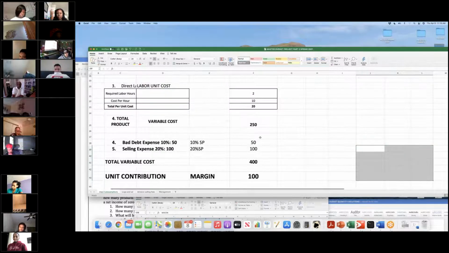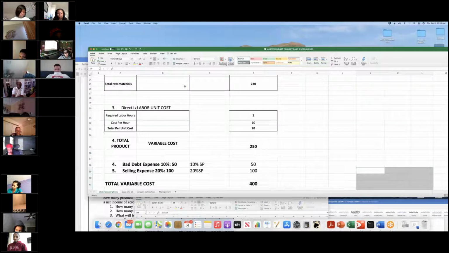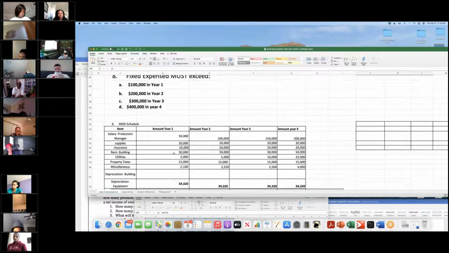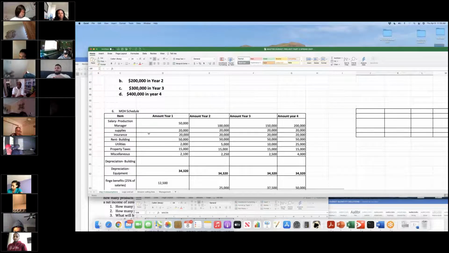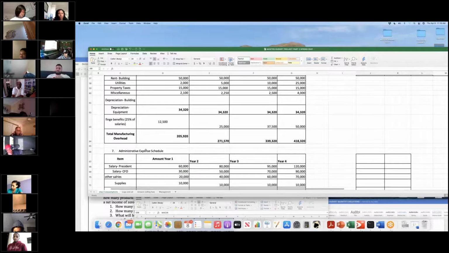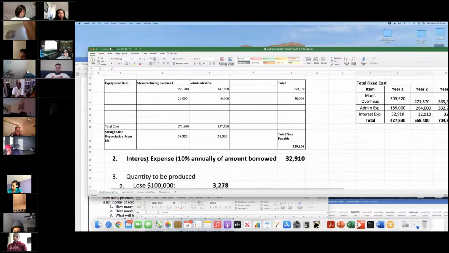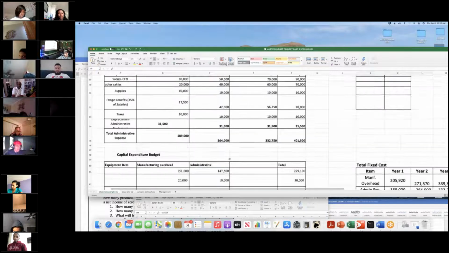In the course, your raw materials and labor, bad debts, and selling expenses on your project from now on will always be variable costs. Your fixed expenses are going to be three things: manufacturing overhead, administrative expenses, and interest. So those three items will always be fixed expenses.